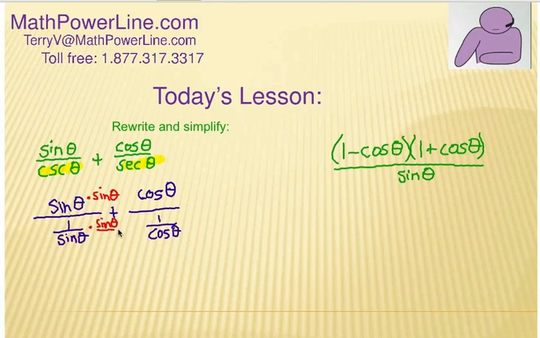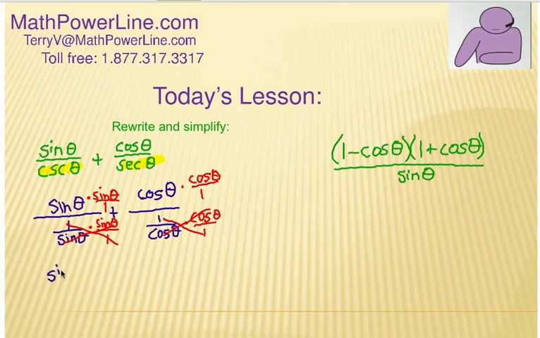You can also think of it as sine theta over 1 in both places, because this is a fraction here. But what happens is, now the denominator is gone and I have sine theta times sine theta. Now I could multiply by the reciprocal of this fraction too, which is going to be cosine theta, or cosine theta over 1, however you'd like to think of it. So multiply both top and bottom by that same thing, and again the denominator cancels out, and that's why we did that. And so we're going to have cosine theta times cosine theta over there.